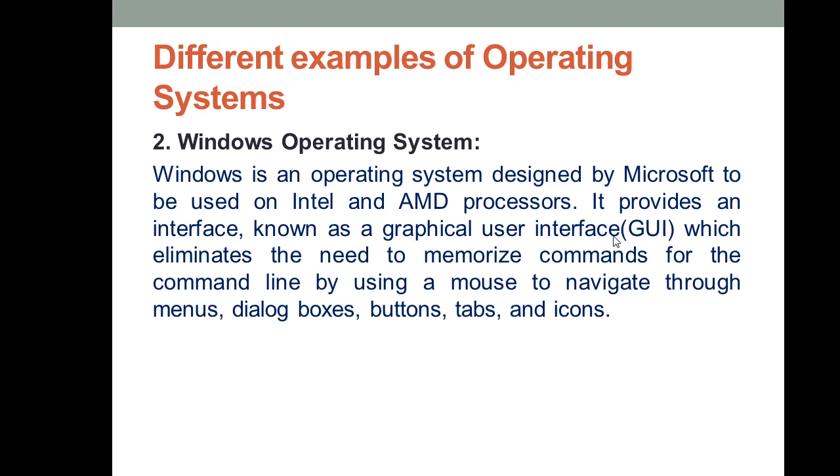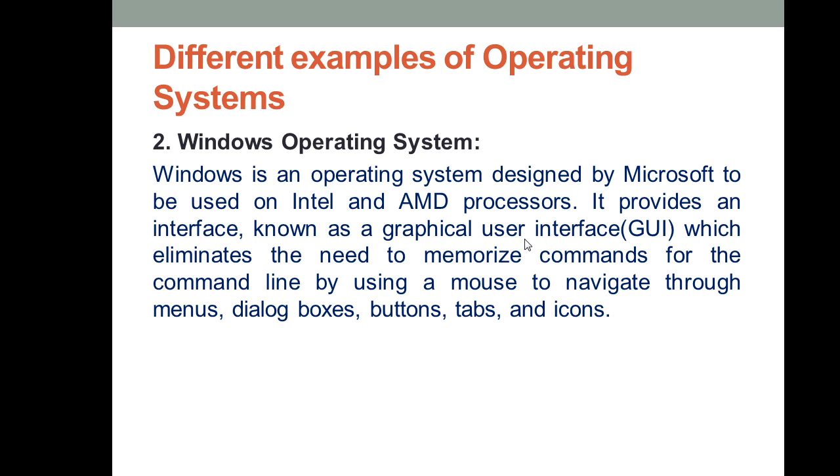This is a GUI operating system which eliminates the need to memorize the commands for the command line by using a mouse to navigate through menus, dialog boxes, buttons, tabs and icons. So in short, this is a graphical user interface operating system.